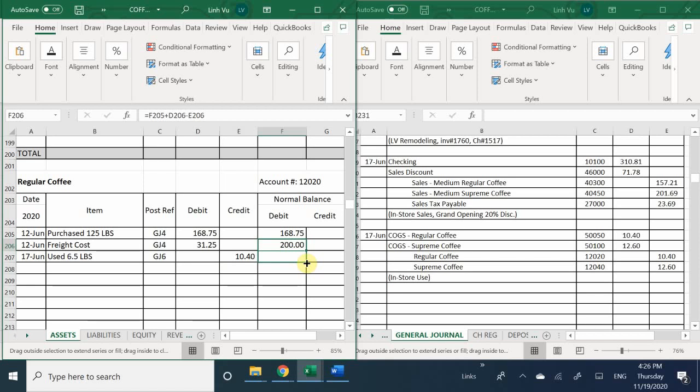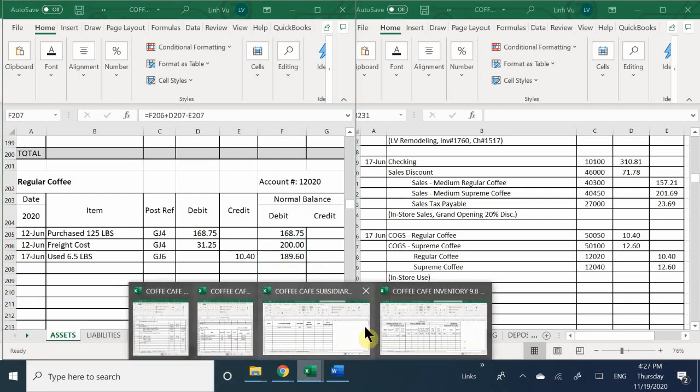What's this, plus this, minus this. 189.60. And where can we find this exact number?